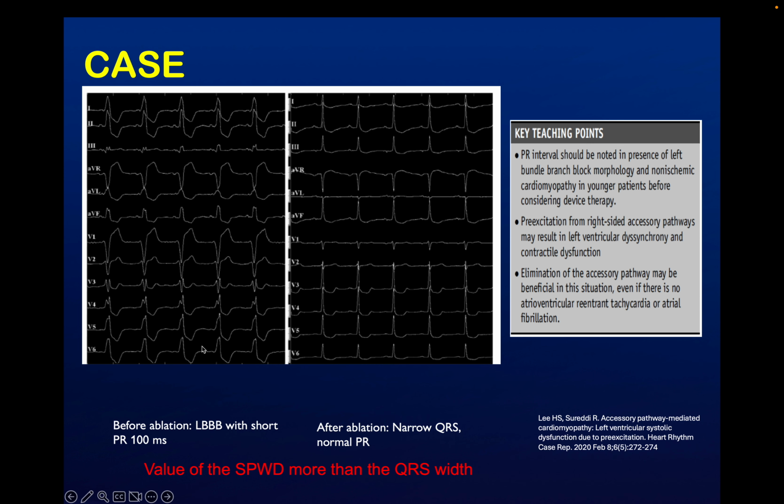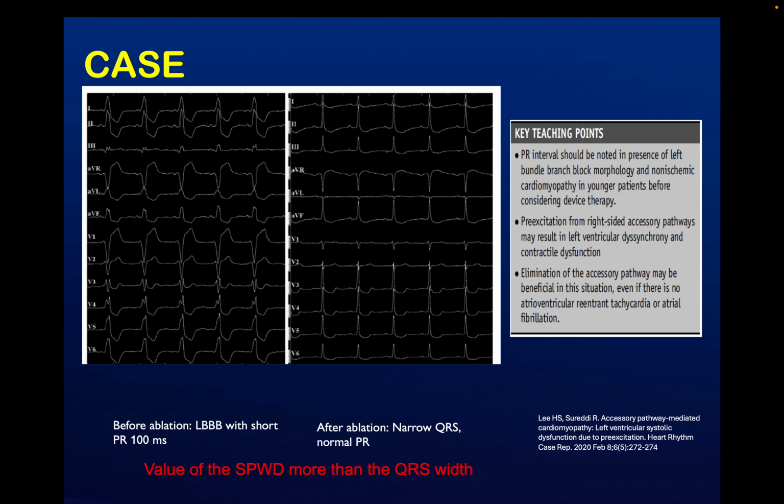There is the left bundle branch block morphology with a short PR interval of 100 milliseconds, which when ablated to a sinus rhythm, giving you a narrow QRS and a normal PR, did improve pre-existing cardiomyopathy, and the dyssynchrony caused by the left bundle branch block resulting from conduction to the ventricle over the accessory pathway reversed when the pathway was ablated.